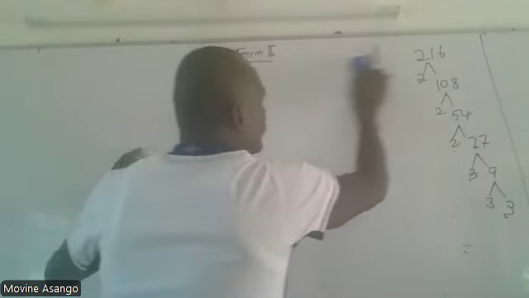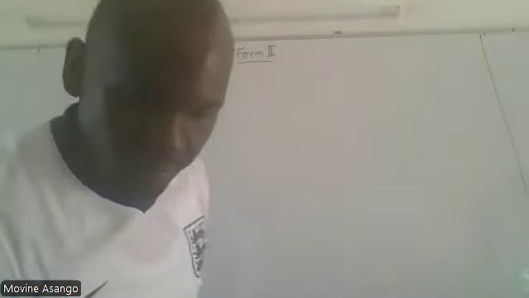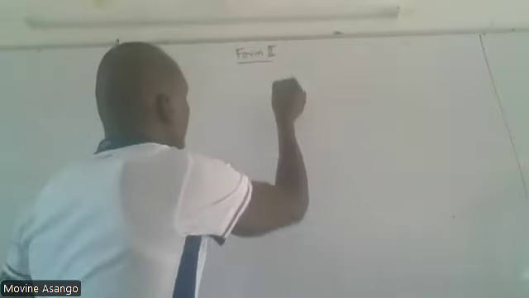I would like you to explain for me how to go about this question. Tan 240 over sine 60 minus cos 135.